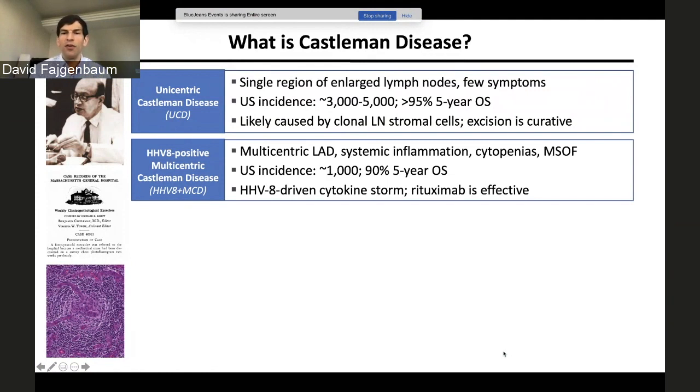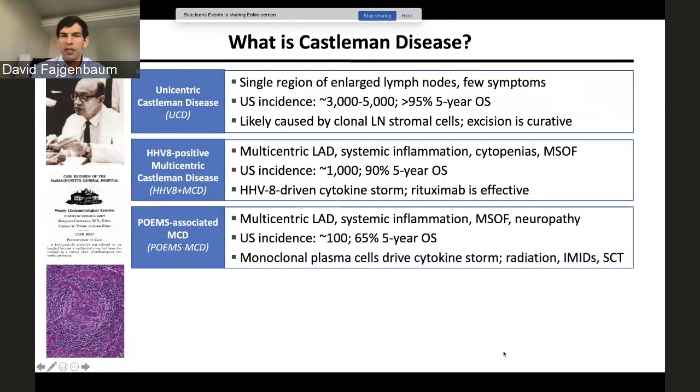Thankfully, if you use the drug Siltuximab to deplete B cells, you'll actually halt the cytokine storm, which seems kind of counterintuitive that knocking out one of your immune cells is the right way to treat a viral infection gone out of control. But actually, if you deplete B cells, that's the home for the HHV virus, and you can stop the disease.